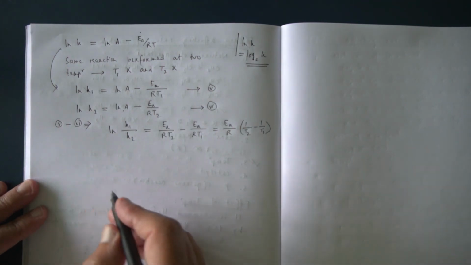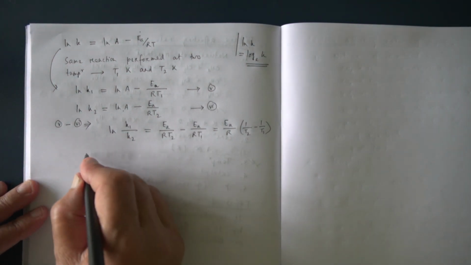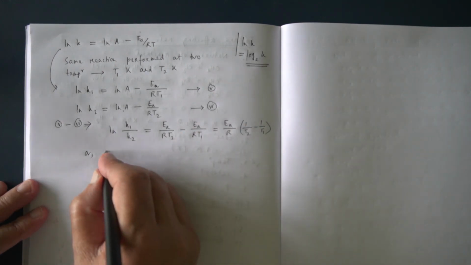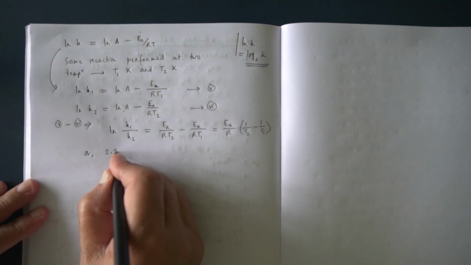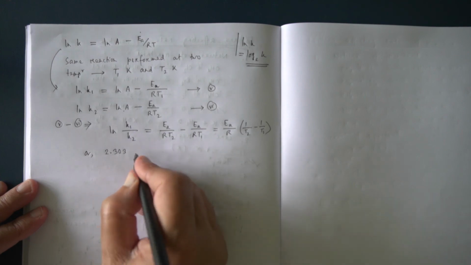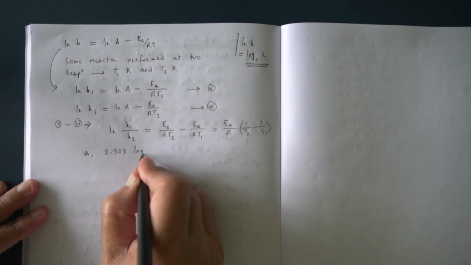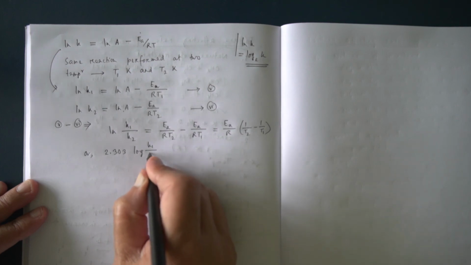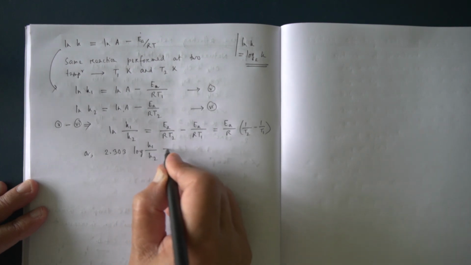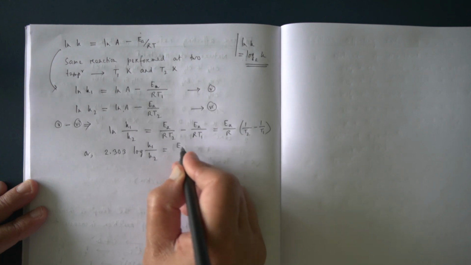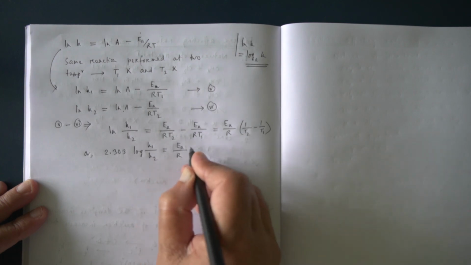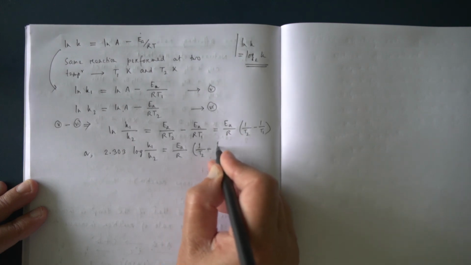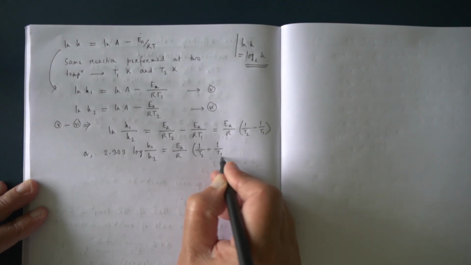Or this ln K is equal to 2.303 log. Now it is log to the base 10 of K1 by K2 equal to EA by R into 1 by T2 minus 1 by T1.